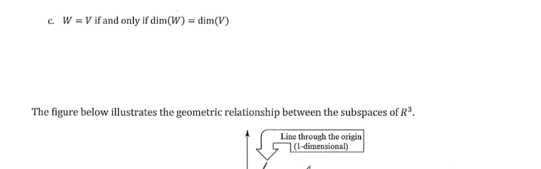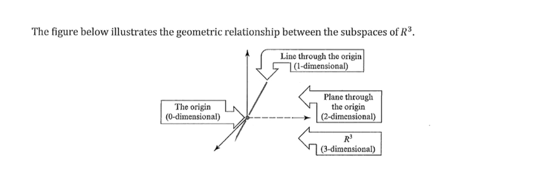So what I'd like to do is connect some of those results by examining some subspaces of R3. The first subspace is the origin, which is kind of like a zero vector space where the set just consists of the zero vector.